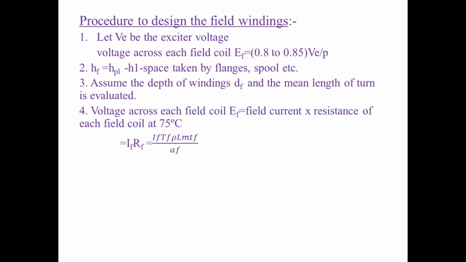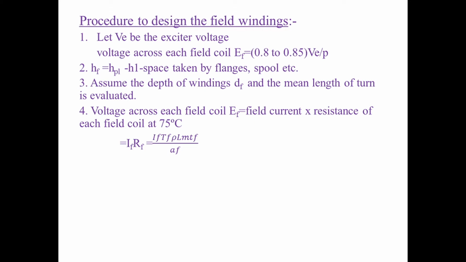Correct. So based on the pole pitch, the depth of the winding DF is assumed. From the depth of the field winding, the mean length of the turn is calculated.